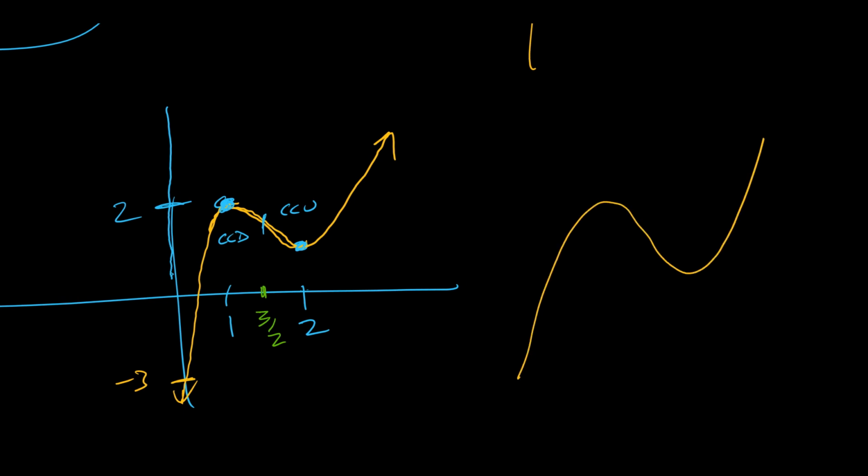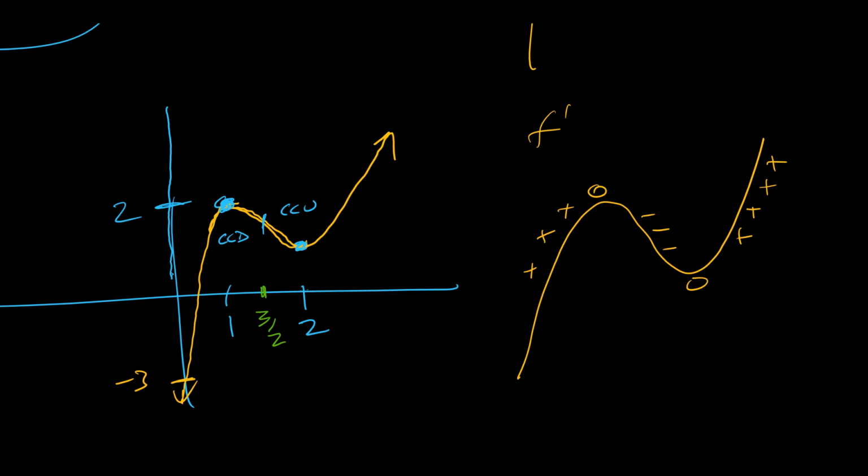So the first derivative here, we're talking about the first derivative: positive, positive, positive, 0, negative, negative, negative, 0, positive, positive, positive. So what's happening is it's positive, and then it goes to 0, and then it's negative, and then at some point it goes to 0, and then it's positive.